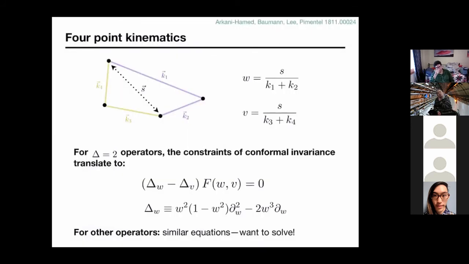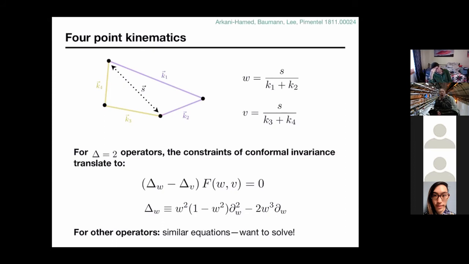Okay. So in order to describe in a little bit more detail what the solutions look like, I have to first introduce some kinematics. Remember, the correlator that I'm interested in is in Fourier space. So it's a function of the shape of some quadrilateral in Fourier space, where the side lengths, of course, have to close to form a polygon.